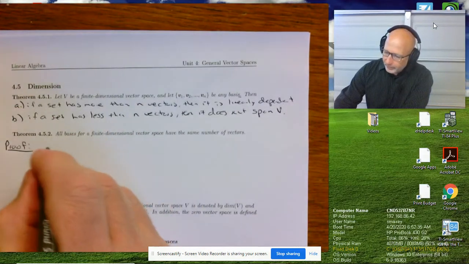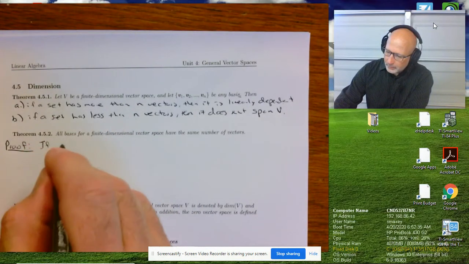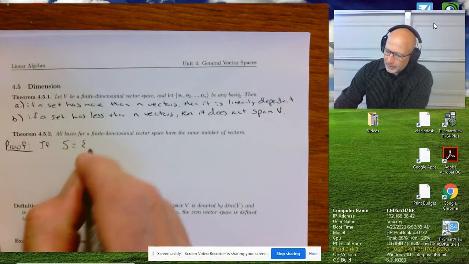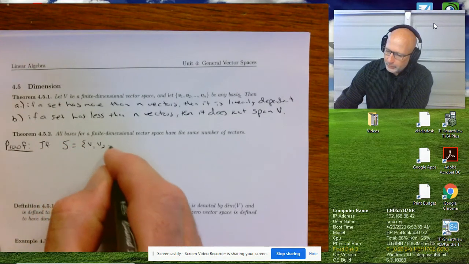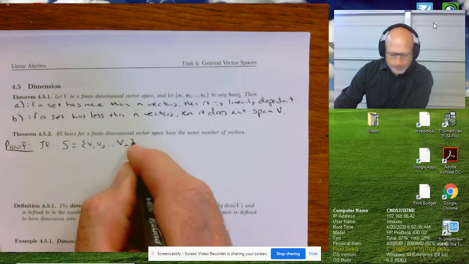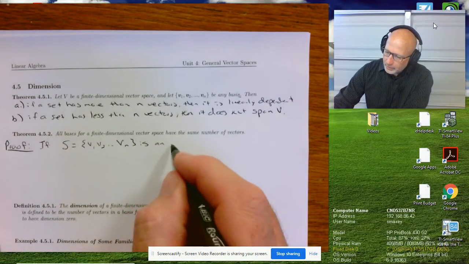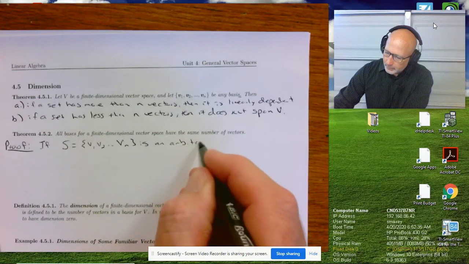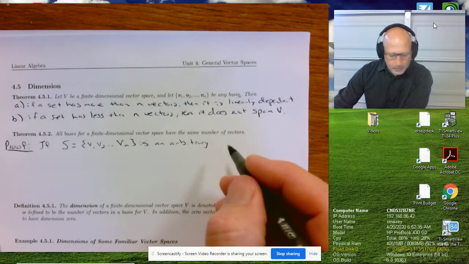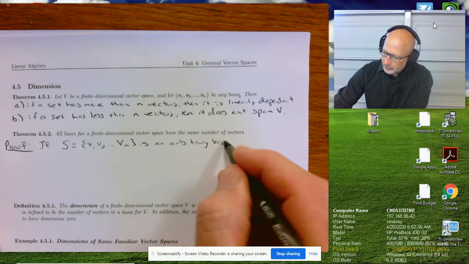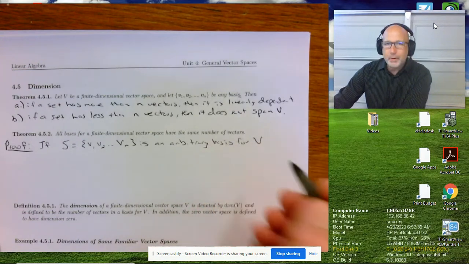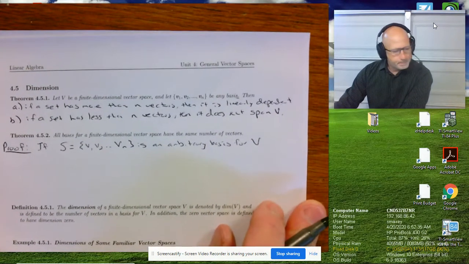If we have a set S, which is the set of vectors v1, v2, all the way up to vn, is an arbitrary basis for V. Remember, you can have more than one basis.